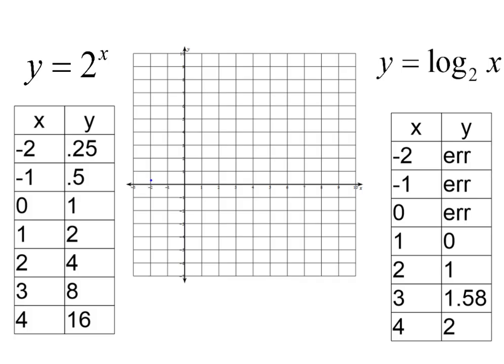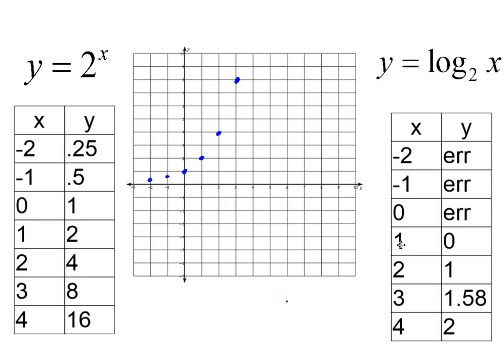(-2, 0.25), (-1, 1/2), (0, 1), (1, 2), (2, 4), (3, 8), and so on. Now let's plot our points for the log. Not going to plot anything for -2, -1, or 0.